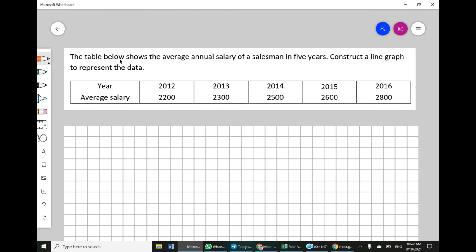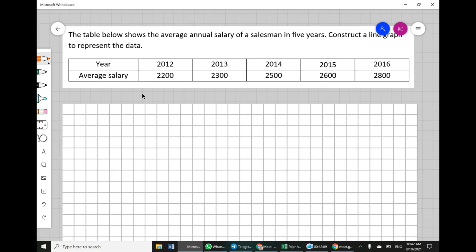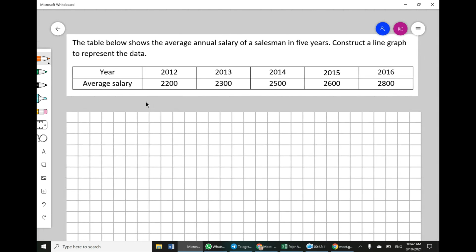The table below shows the average annual salary of a salesman in 5 years. So you can see this one, the average salary, and the year 1, 2, 3, 4, 5 years. Construct a line graph to represent the data. So first step, draw the horizontal and vertical axis. So on your grid paper, everyone draw your vertical and horizontal axis.